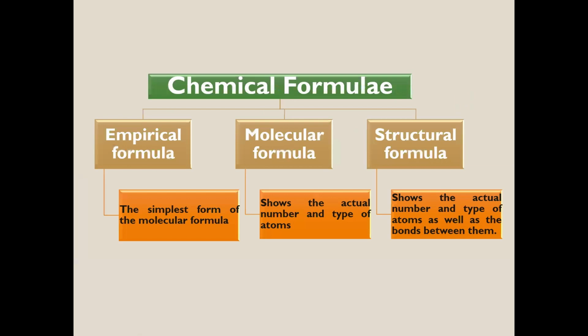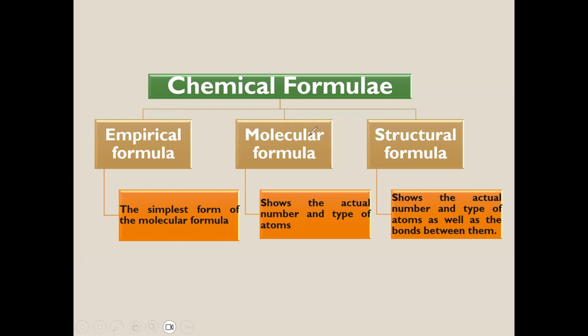Chemical formulae have three ways to be described or to be represented. We can describe a chemical formula in its empirical form, or molecular formula, or a structural formula. The empirical formula is the simplest form of the molecular formula.